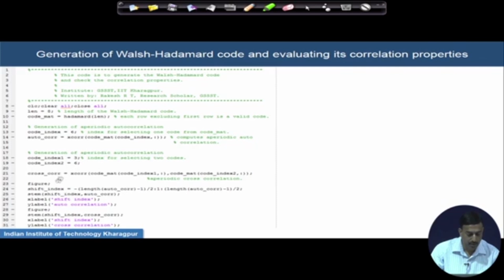We need to plot the values of this autocorrelation and cross correlation. Therefore we need to assign an index, a time index basically, or a shift index to be more specific in this case. We do that by generating an x-axis index from the length of autocorr, which will give you the overall length of this correlation.